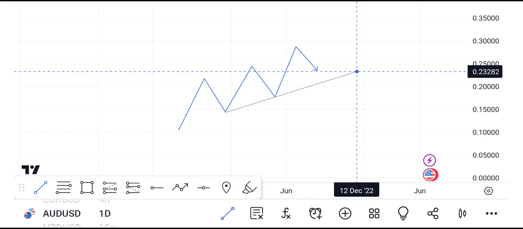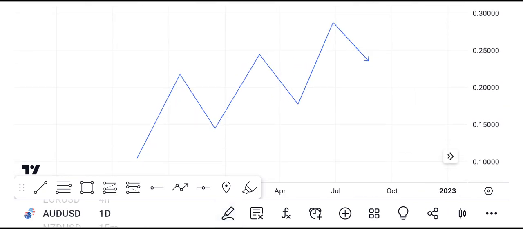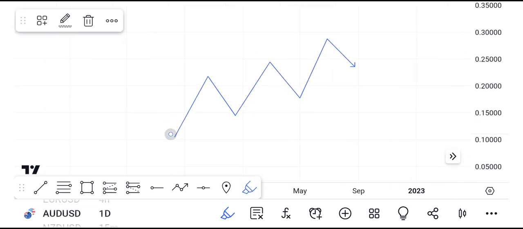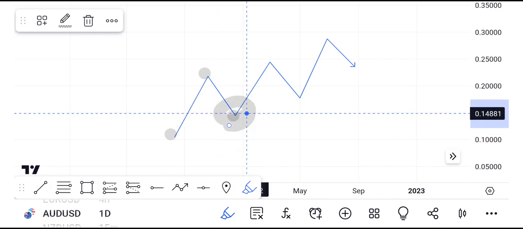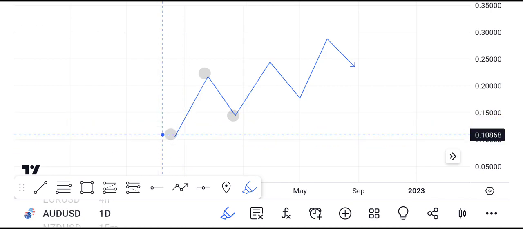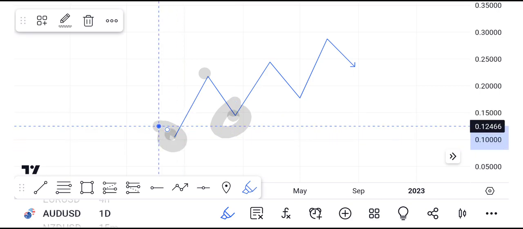But then we will get there. Let us first do this. Price is now moving in a series of higher highs. Here we have a low. Here we have a high, the first high that started the trend. We have that high, and then we have a higher low. This low over here is higher than this low over here.